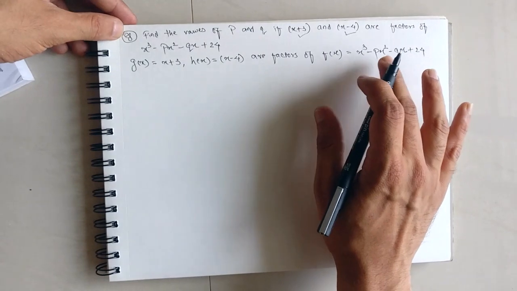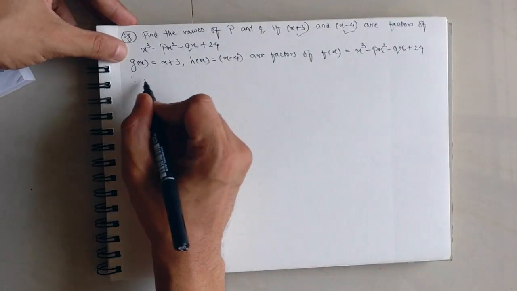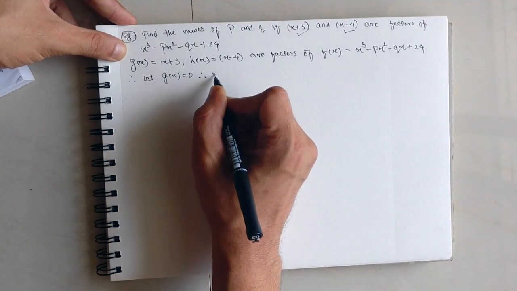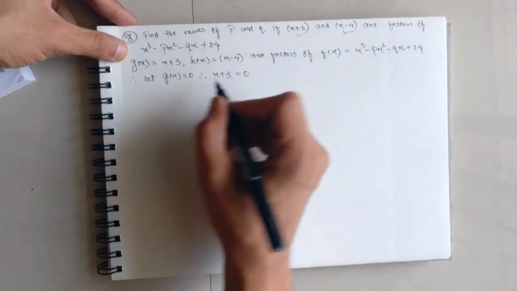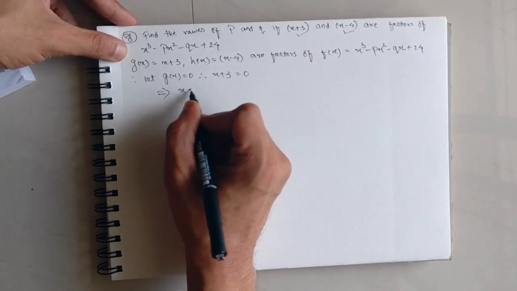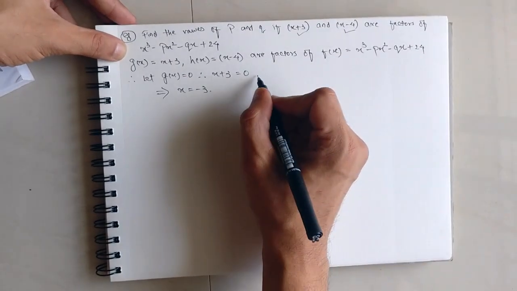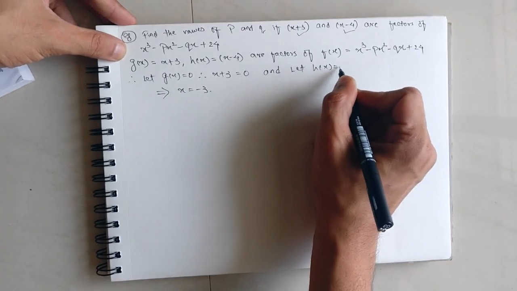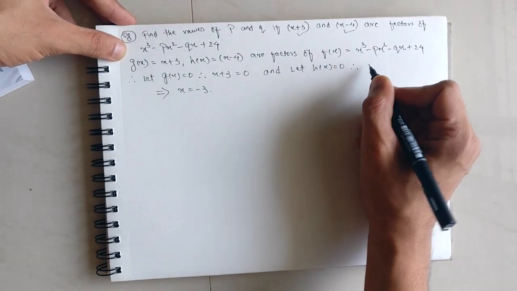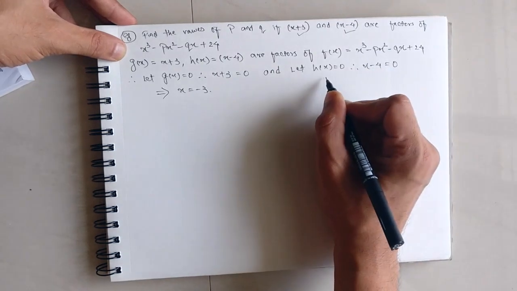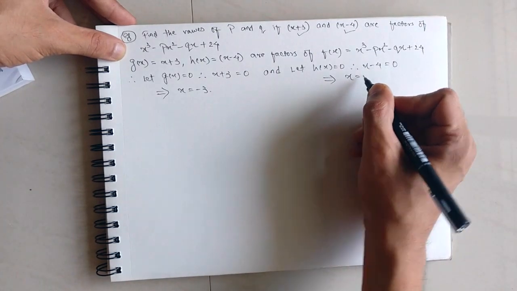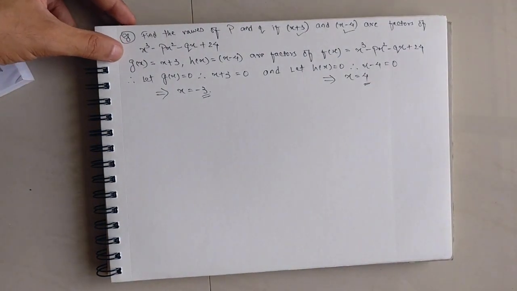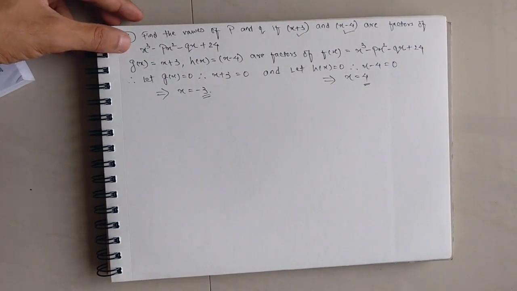So these two are factors of this given polynomial, and therefore let g of x is equal to 0. Therefore x plus 3 is equal to 0, which implies x is equal to minus 3. And let h of x is equal to 0. Therefore x minus 4 is equal to 0, which implies x is equal to 4. So we got two values of x. We will put these two values in the given equation f of x one by one.